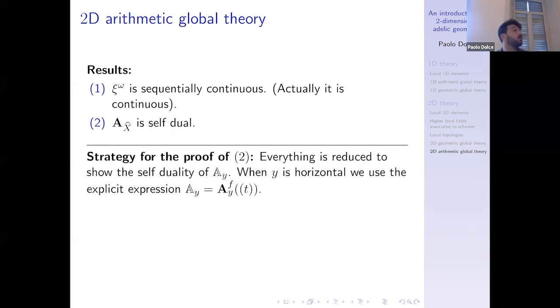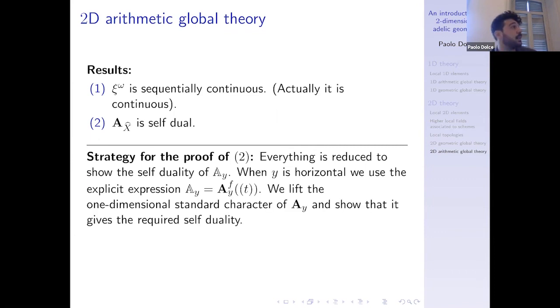So I'll just tell you the strategy of the proof of self-duality. You can reduce everything to showing the self-duality of the semi-local objects. And when Y is horizontal, you use this explicit expression of AY, and basically you lift the standard character, or the character that gives self-duality of the one-dimensional adeles.